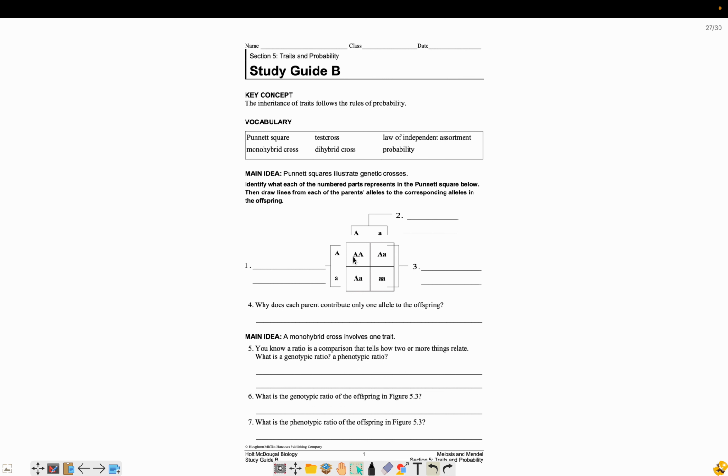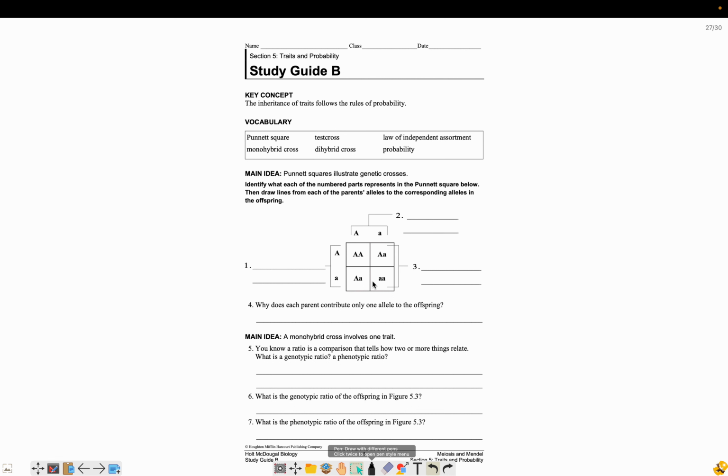So let's just say we have big A, little a, and let's just say big A represents, I don't know, red fur, and little a represents white fur. So what we would do is say that big A was dominant for red, little a is recessive for white. So this one right here would have red fur because it has a dominant gene. And this one would also have red fur.